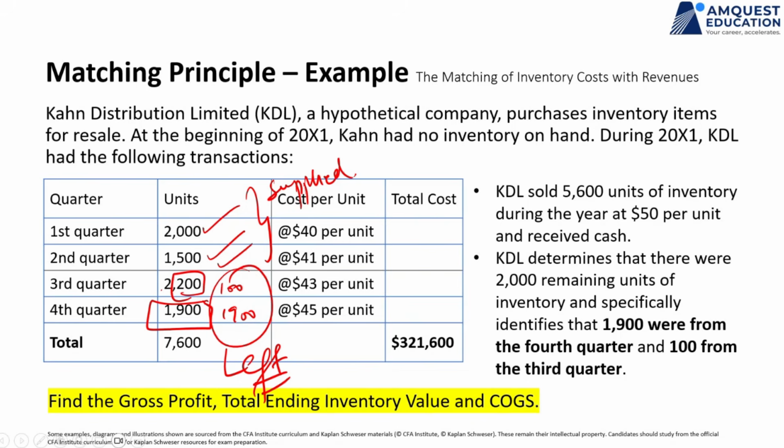When we say gross profit, we will have to find obviously revenue. How much is the revenue for each of these entities? From a revenue perspective, we are going to sell it for $50. So revenue is 5,600 into $50, right? Because during the year, it is $50 per unit.